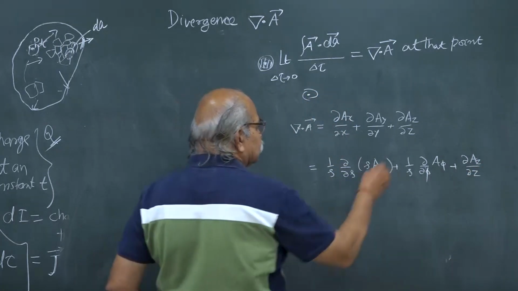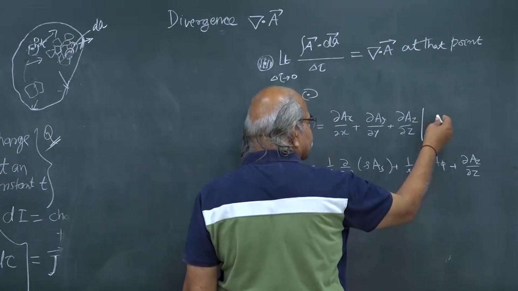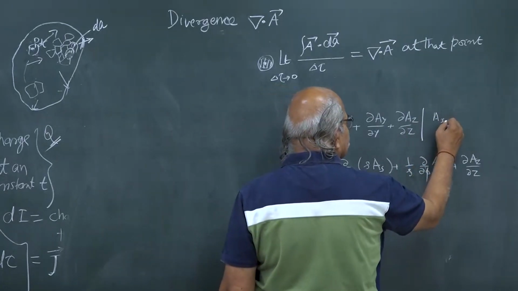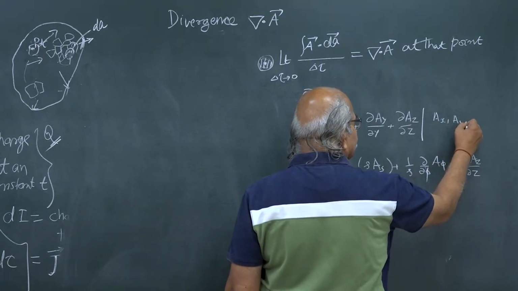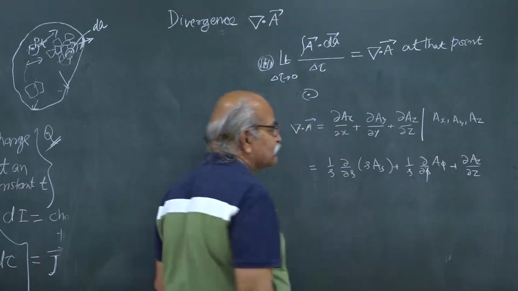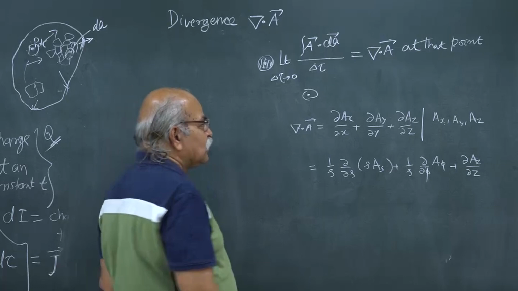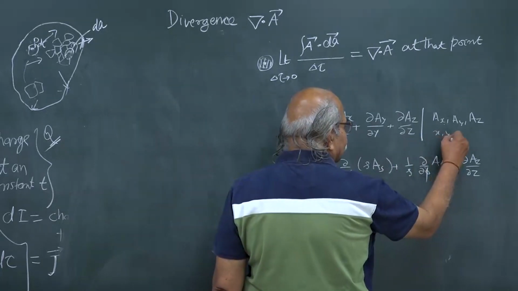If you are using Cartesian coordinates, that means everything is a function of Ax, Ay, Az. These are the x, y, z components of A, because you are using x, y, z Cartesian coordinates.